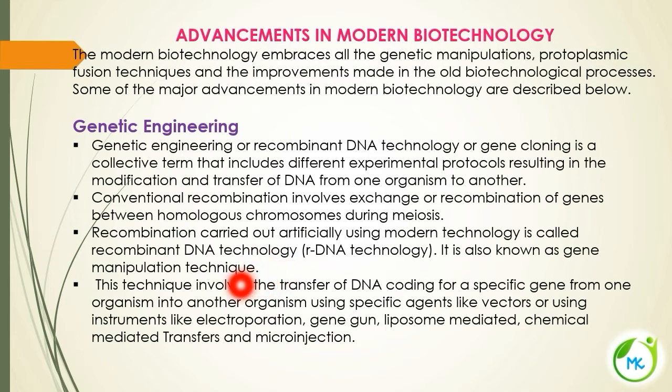So, this technique involves transfer of DNA coding for a specific gene from one organism to another organism. So, how is it achieved? It is achieved by using specific agents like vectors, or by introducing the DNA by using certain instruments like electroporation, gene gun, liposome mediated gene transfer, chemical mediated transfer and microinjection.